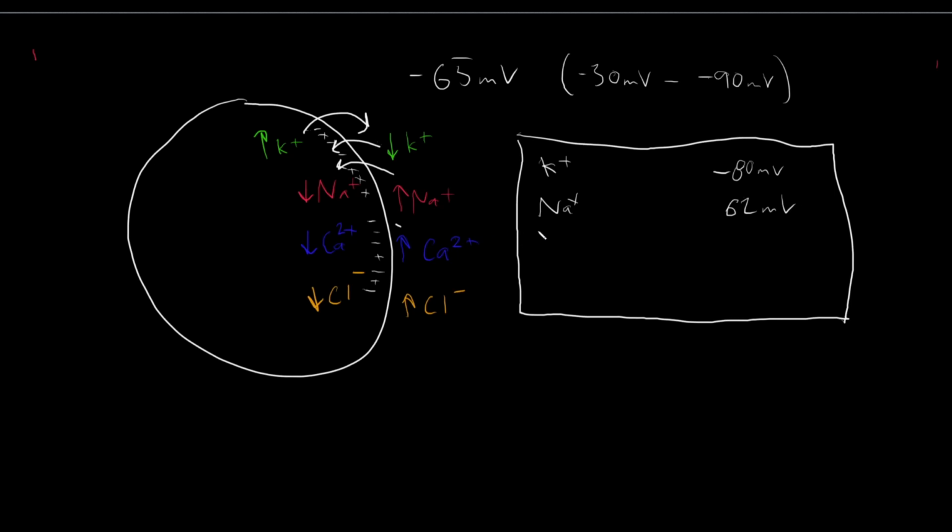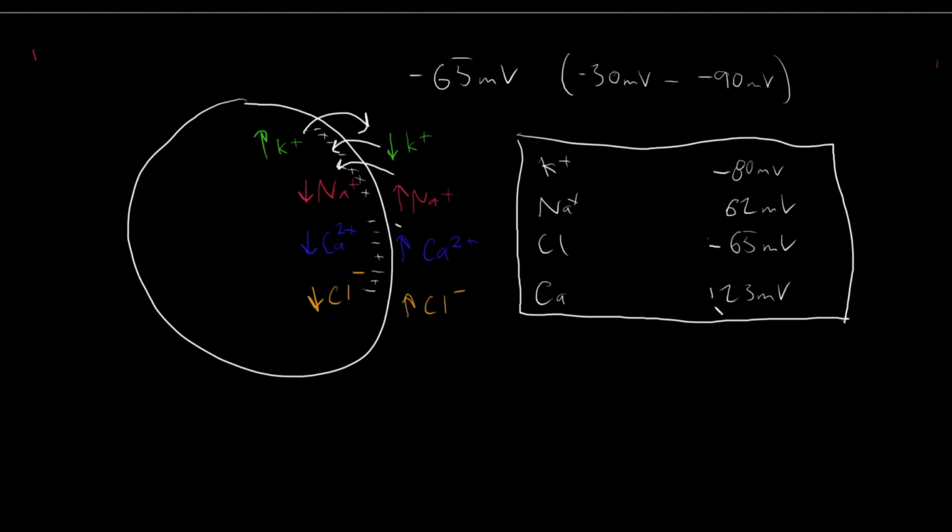And for chloride ions, let's see, sorry, let me just flip through my notes. You get a negative 65 millivolt potential. And then for calcium, you would get a 123 millivolt potential.